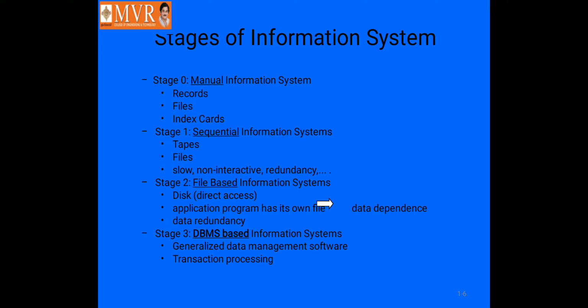In the file based information system, we use the disk. Application programs have their own file data dependency and data redundancy. Finally, we use the DBMS based information system, that is, generating the database management software and transaction process. These are the stages used in the information system or information collection.